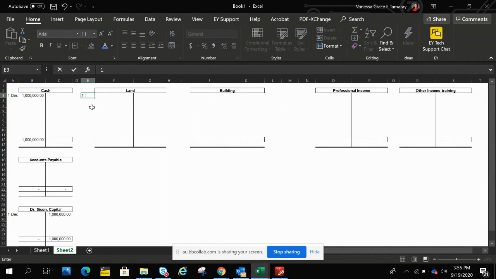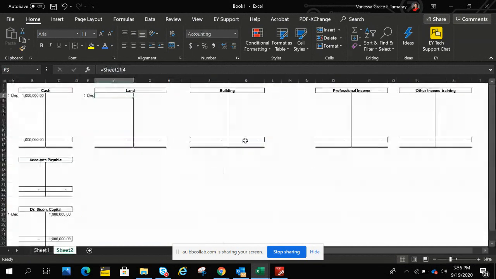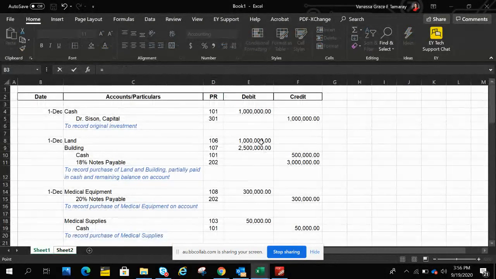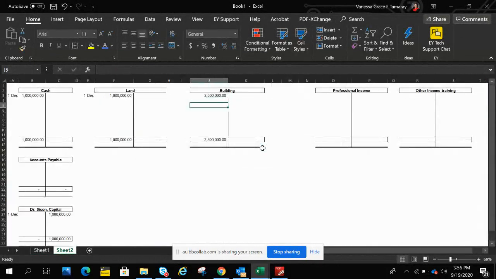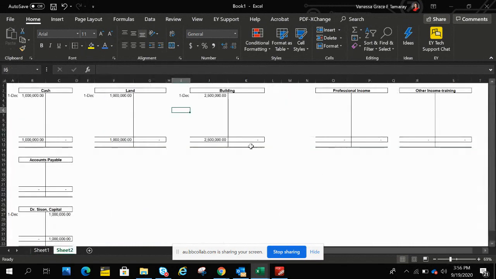Kailan yun? December 1 din. And debit land. So, debit na. And then, building. Magkano building? 2.5 million. December 1 din. And then, credit. Saan yung credit niya? Cash and notes payable.